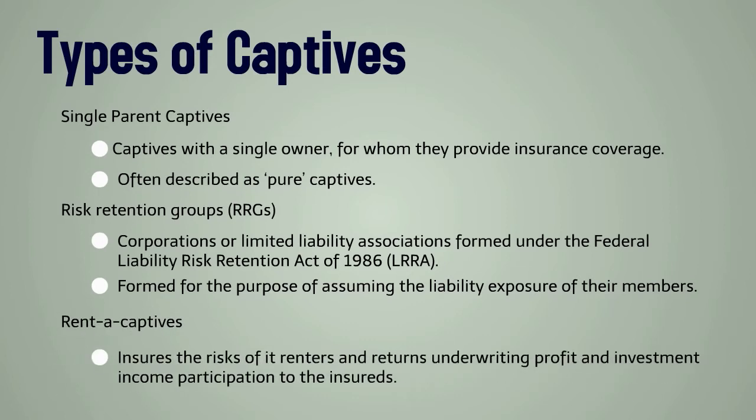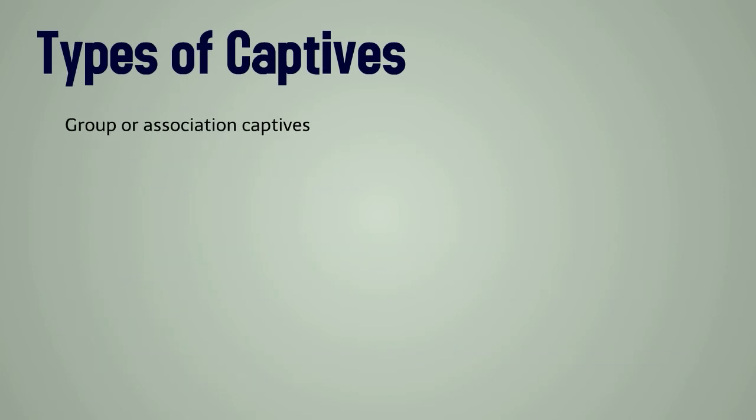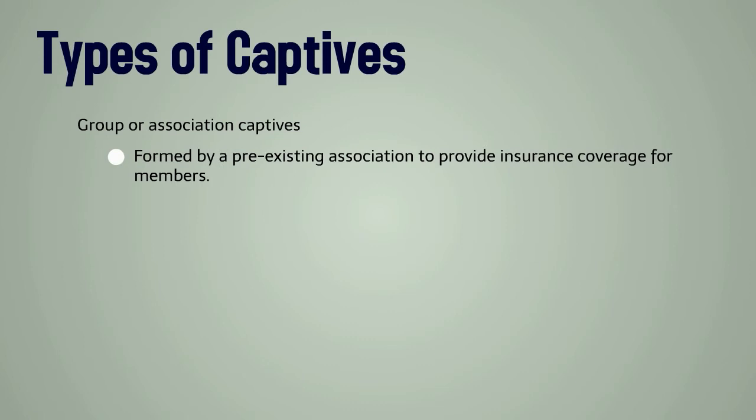Rent-a-captives insure the risk of their renters and return underwriting profit and investment income participation to the insureds. Group or association captives: formed by a pre-existing association to provide insurance coverage for members.